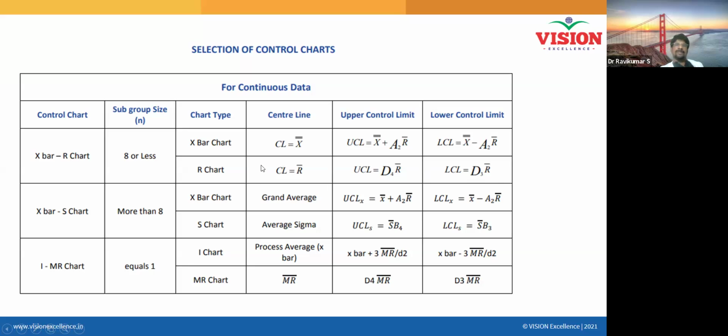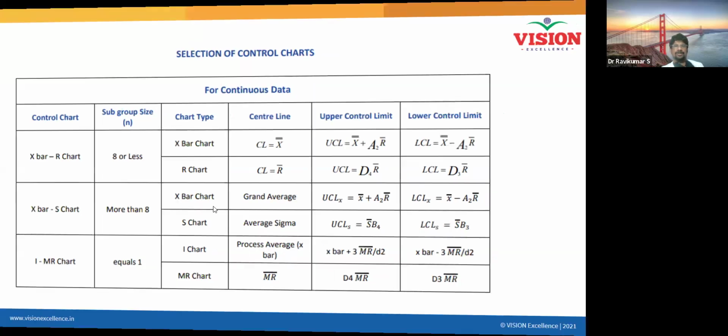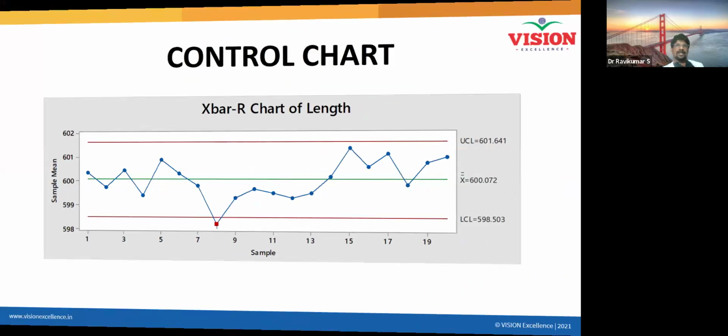These D4, A2, D3 are all constants, and you don't have to memorize these formulas. I am showing them just for your knowledge, and we are going to do it manually just for your knowledge. You don't have to worry about it too much because in many tools you'll be doing these things in quick time. Okay, guys. So now let us move to the control chart.